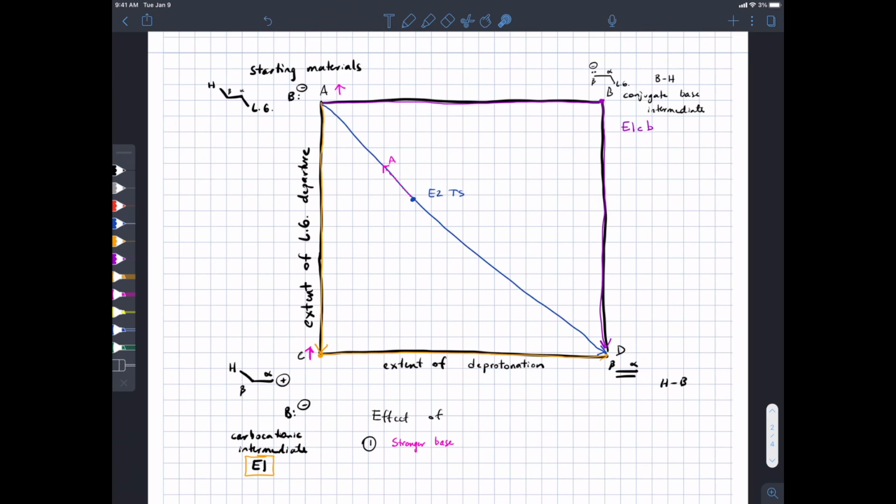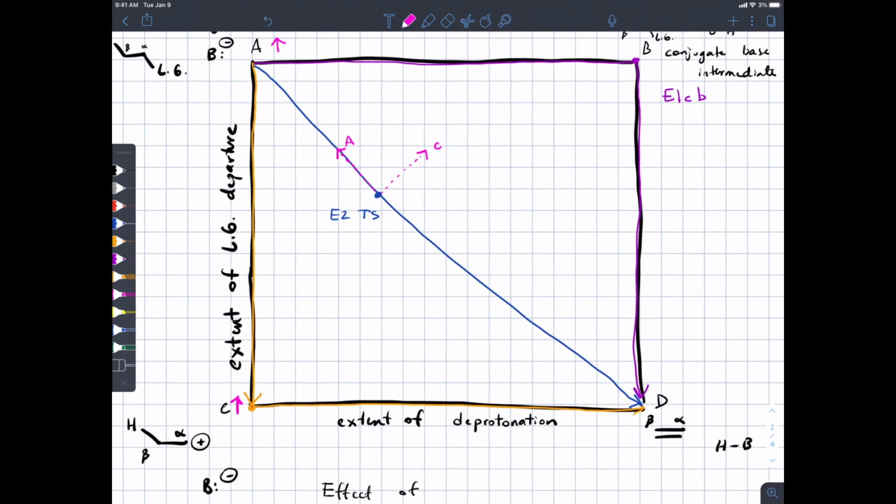That is, if I raise C, that's going to cause the transition state to move away from C and towards B. Okay, so the effect of raising C on this transition state, we'll put a dotted line here. Sorry, it's got to be more or less perpendicular to that diagonal.